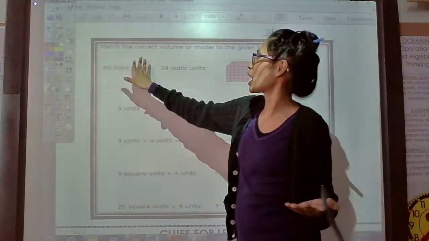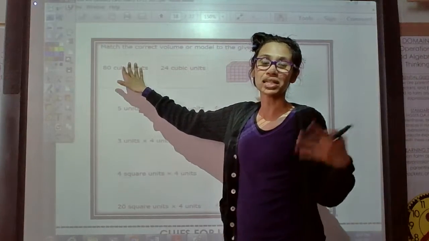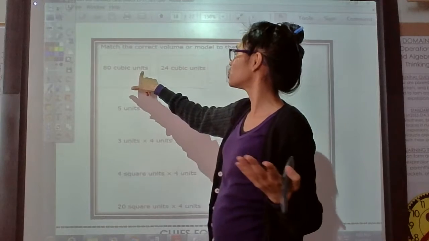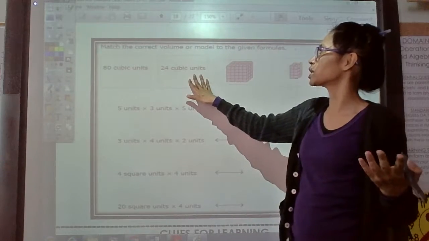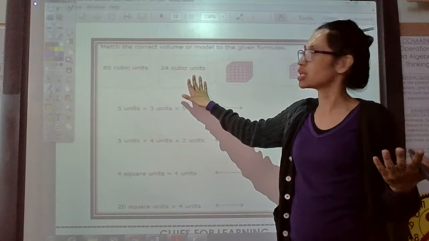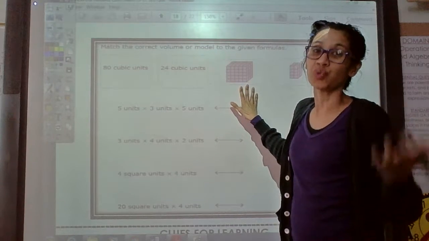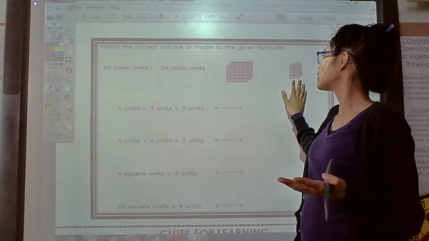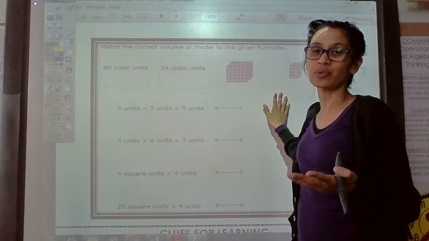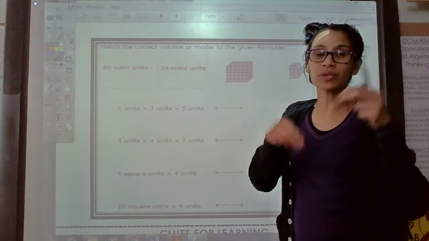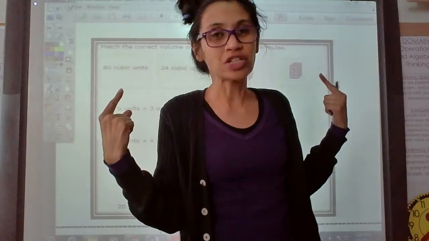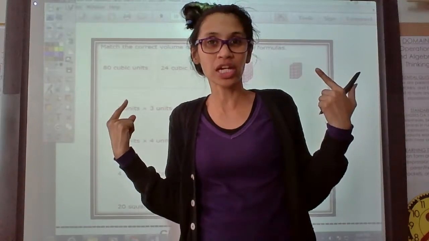Here we have the total volume, 80 cubic units. We have a total volume here, 24 cubic units. We have a model right here of a rectangular prism, and another model right here, another rectangular prism. Just like we were using our unit cubes, they just built one and have it right there.